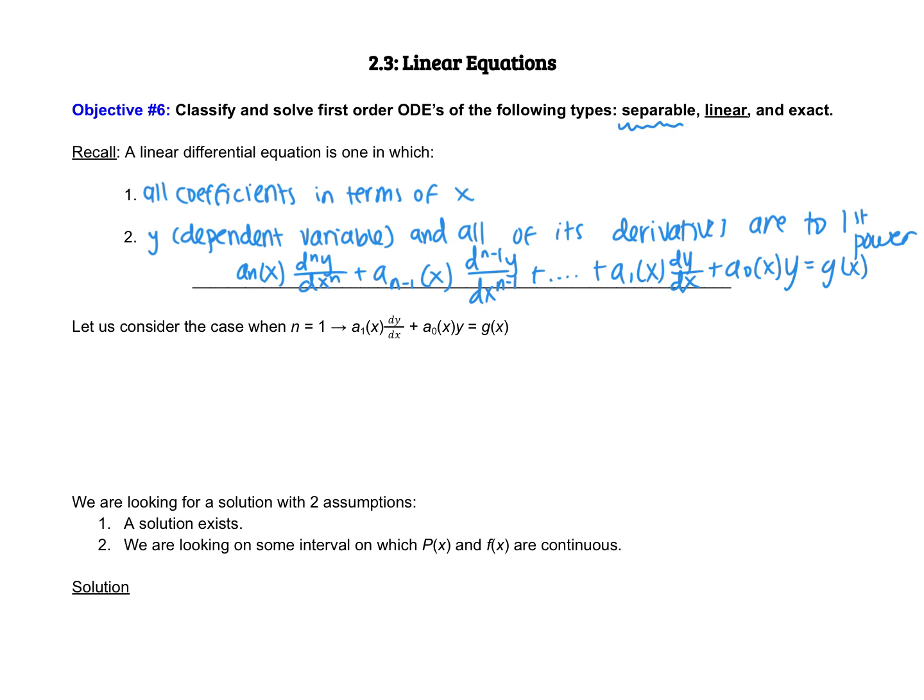Okay, so we are going to consider the case where n is 1, which is this equation that we have right here. What we often do is we want a lead coefficient of 1, so often we'll divide by that a_1 of x.